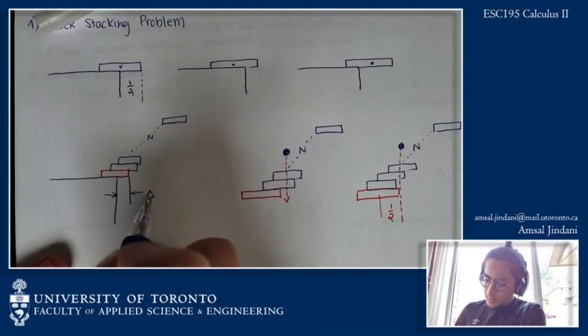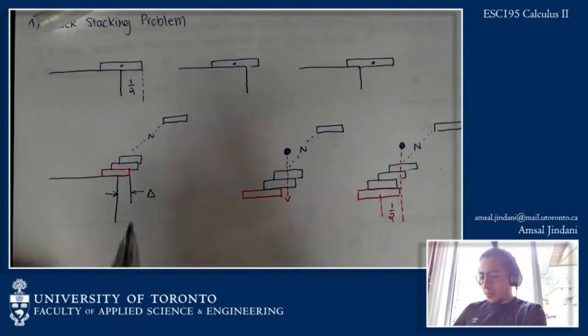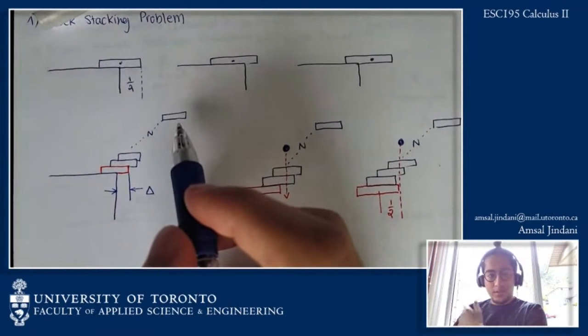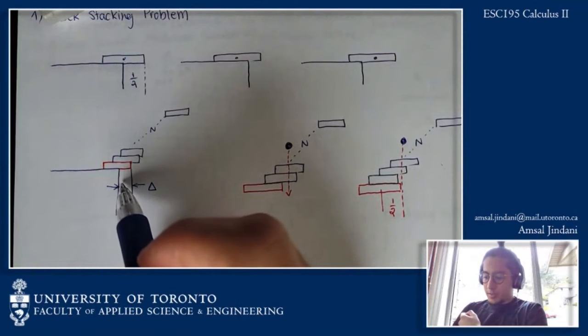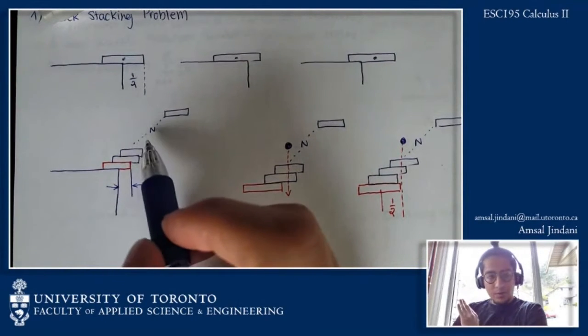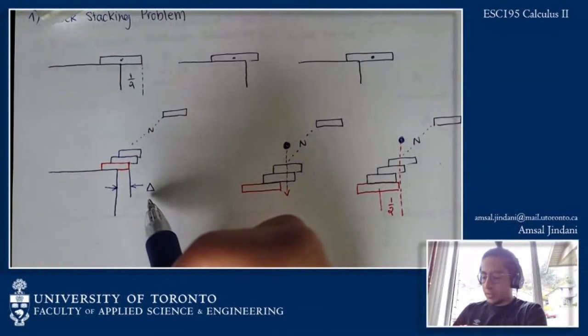So we can call that change delta. So before we had a stack of n blocks with a certain amount of overhang, and then by placing another block underneath it, we were allowed to push the tower slightly further, and that change in the total overhang is what delta is.